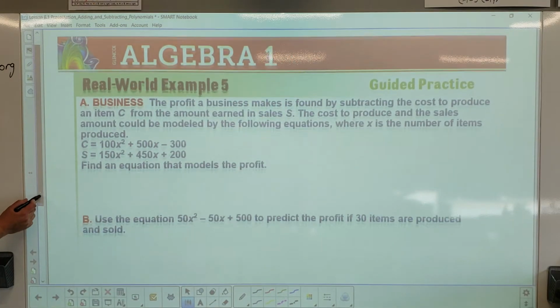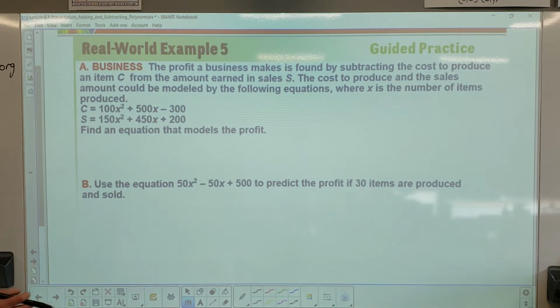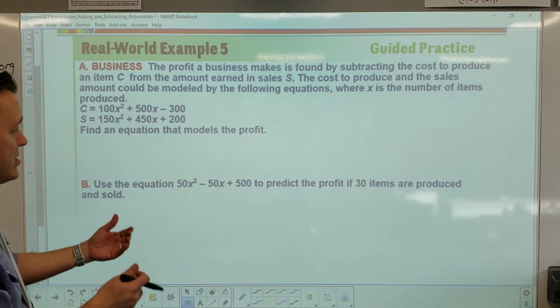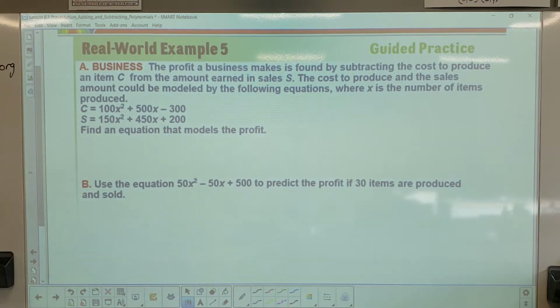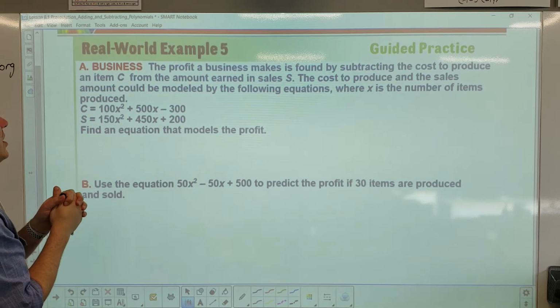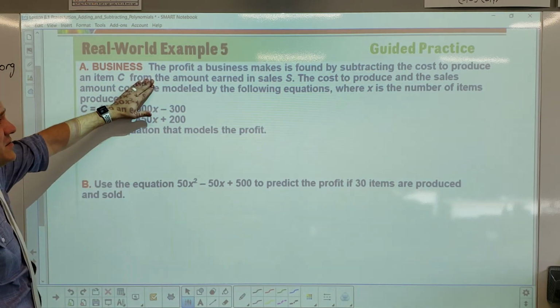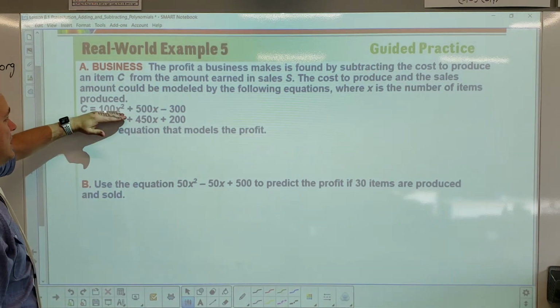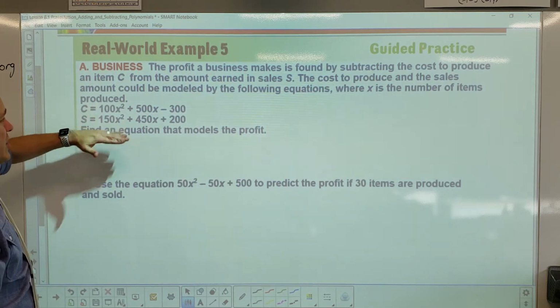All right, last thing here is this real world example. Please work on this guided practice. Same thing. Cost of something, subtracted from the other thing. So on this equation, ladies and gentlemen, the profit of a business is found by subtracting the cost of the product from the amount it earns.